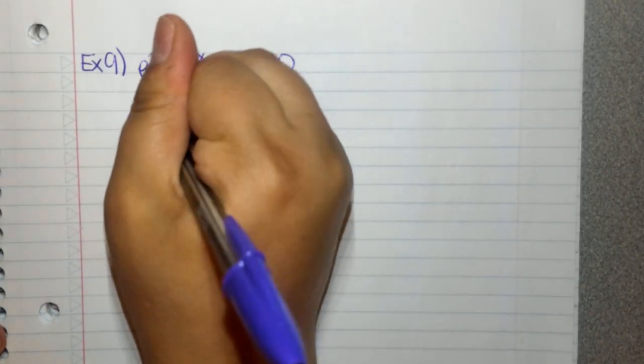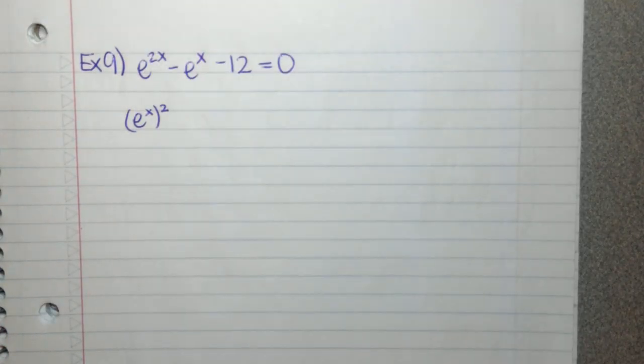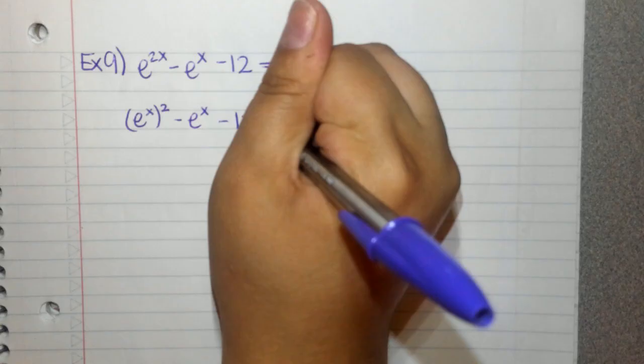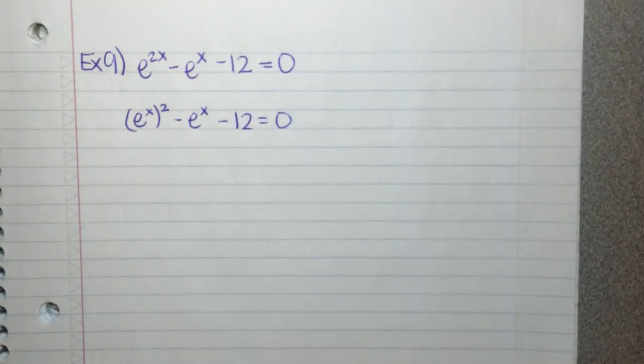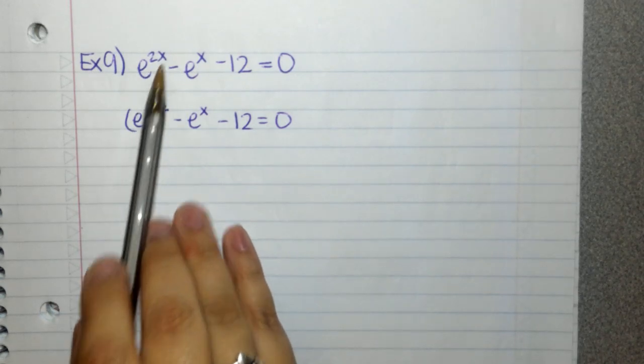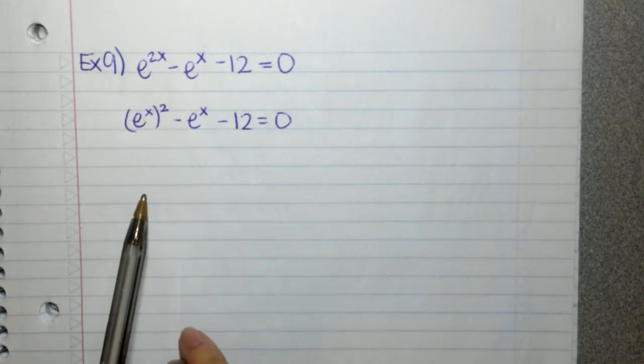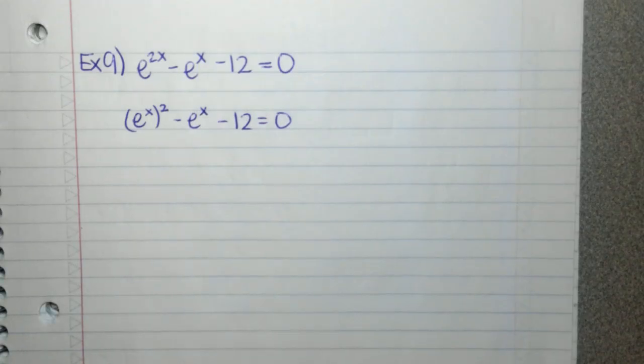Would you agree that I could rewrite this one as e to the x squared, minus e to the x minus 12 equals 0? E to the 2x, do y'all agree that's equivalent to e to the x squared?